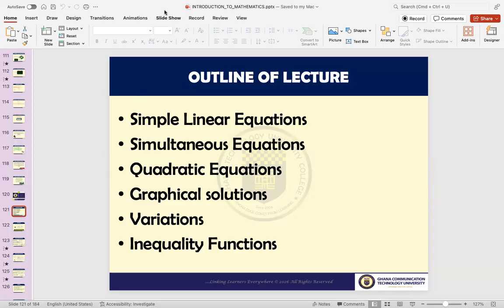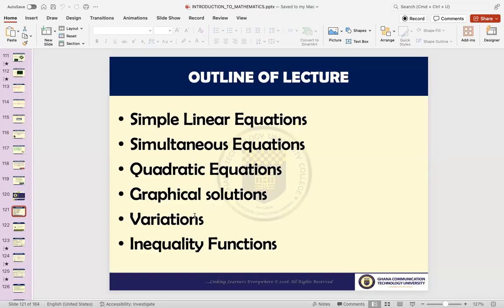So we want to treat simple linear equations, followed by simultaneous equations. And then after simultaneous equations, we do quadratic equations. We look at some graphical solutions to equations.